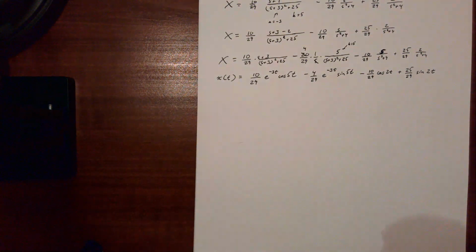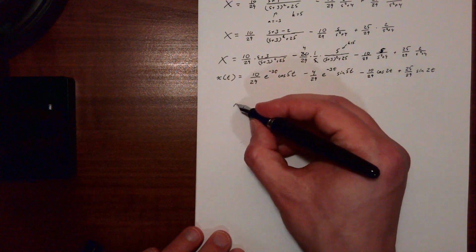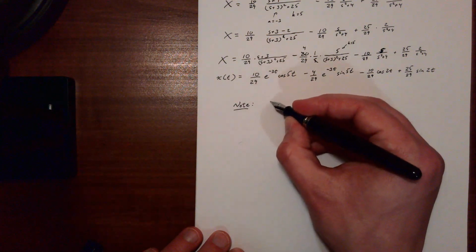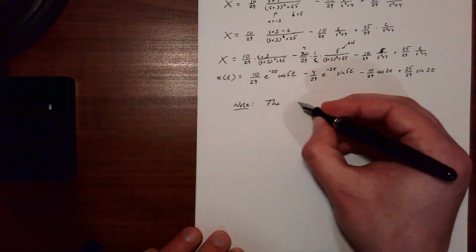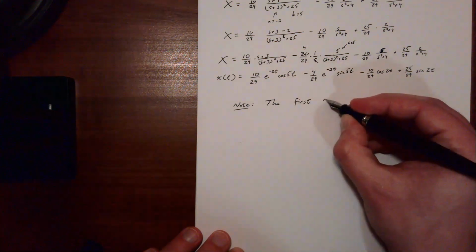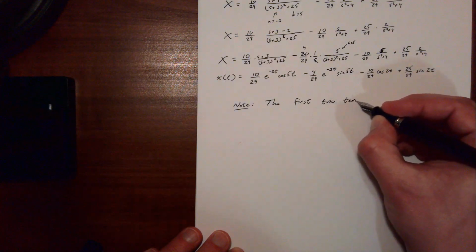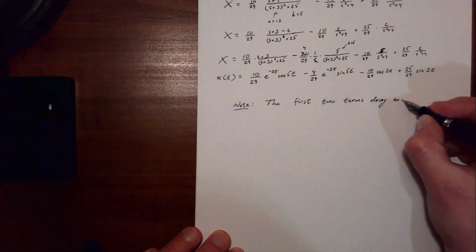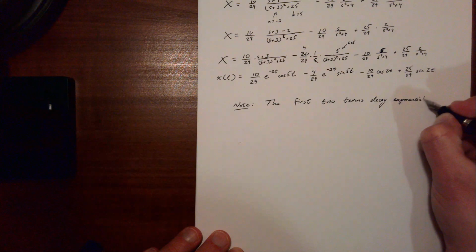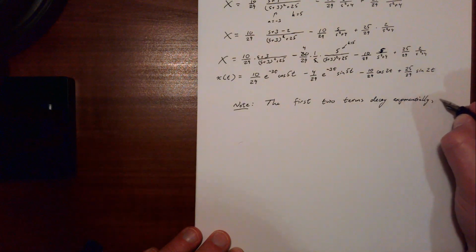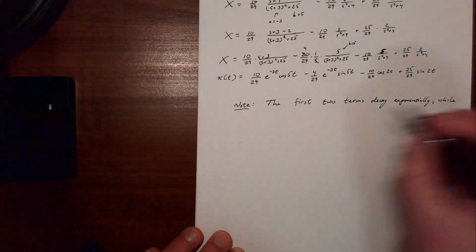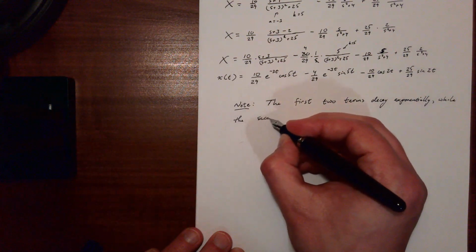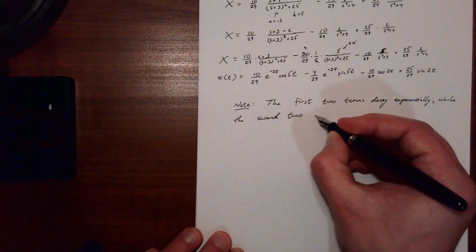Now note, by the way, that the first two terms here are exponentially decaying, and the other two are not. So quick note: the first two terms decay exponentially, while the second two don't.